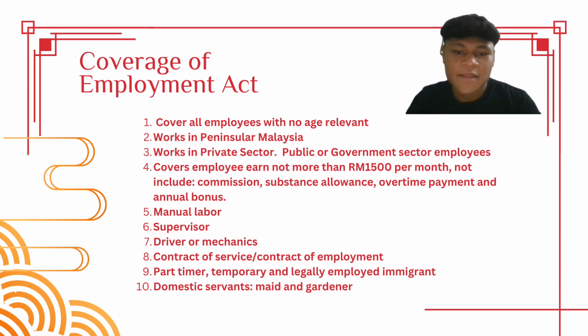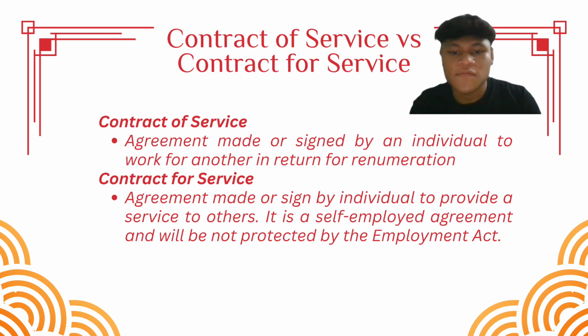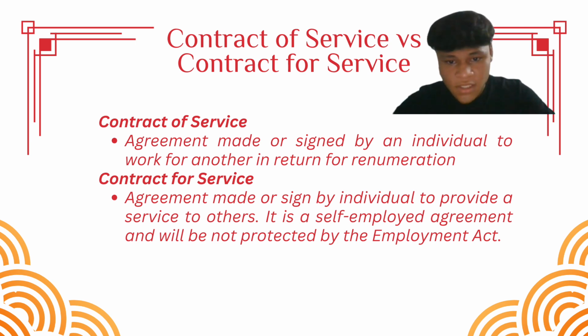Next we look at contract of service versus contract for service. A contract of service is an agreement made or signed by an individual to work for another in return for remuneration.